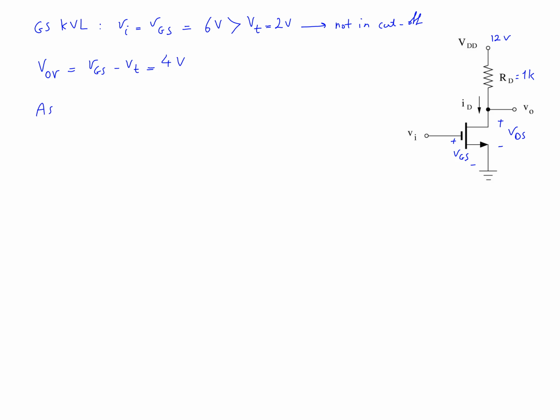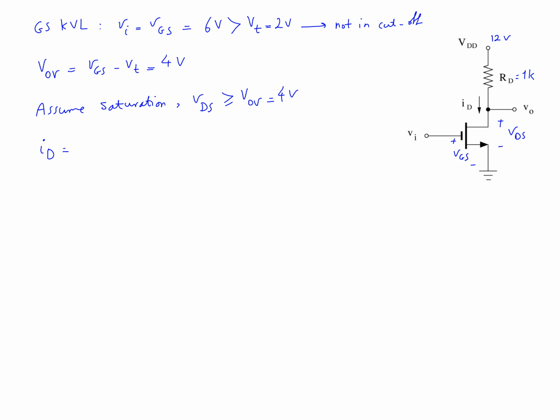By assuming that the MOSFET operates in the saturation region, I need to make sure that voltage of drain to source is greater than V overdrive, which is 4 volts.